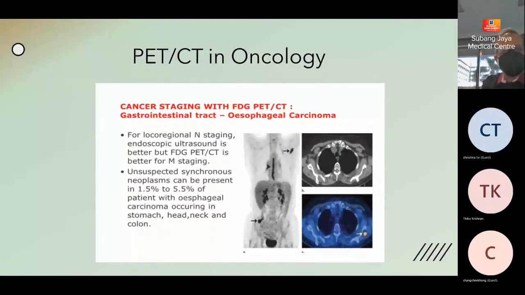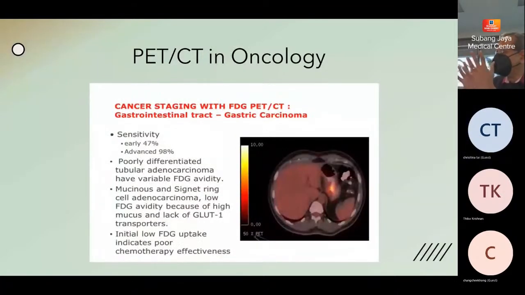And in gastric carcinoma, this is a bit of a problem because when the patient comes for a PET scan, they are fasting, and almost invariably a lot of them have gastritis. And as I say, inflammation picks up FDG. If it has metastasized, we can usually see it.